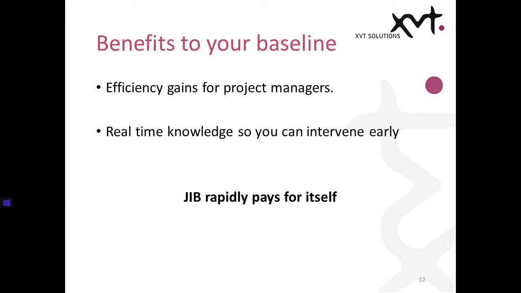And the other example is how much money can you save by having real-time visibility on the status of all your projects so you can intervene early. In traditional monthly cycles of reporting, the information presented to the senior executive can often be up to 6 weeks out of date, by which time a project can be significantly off the rails.